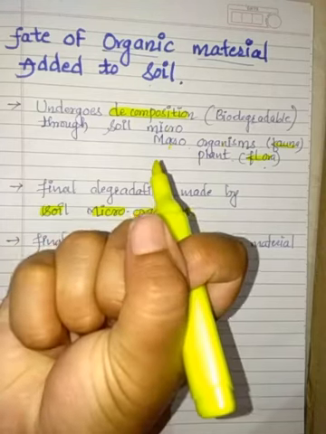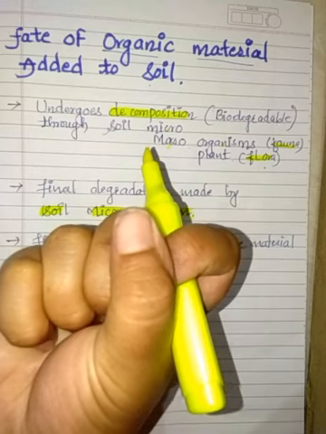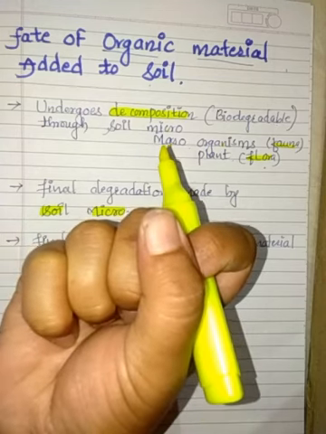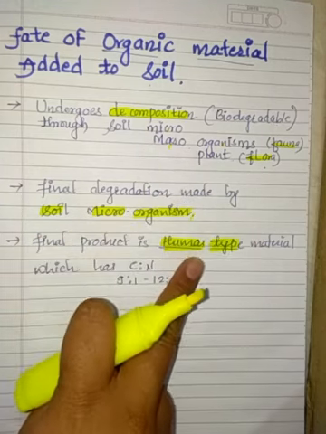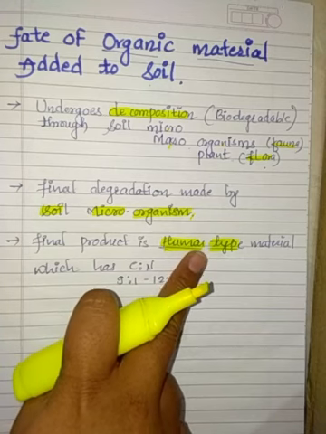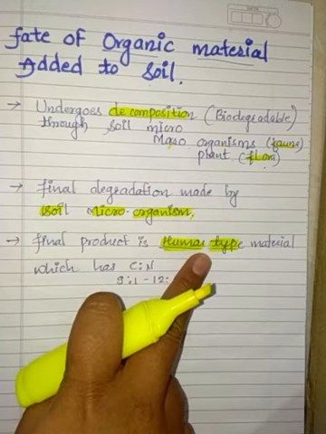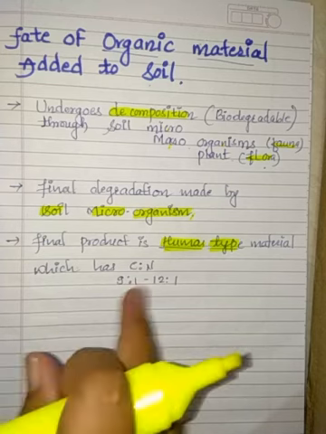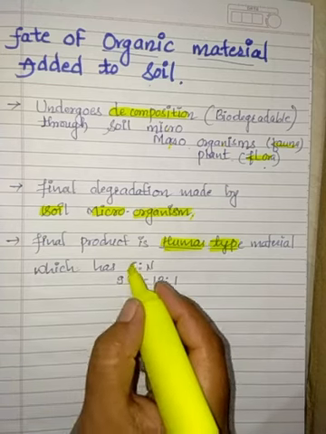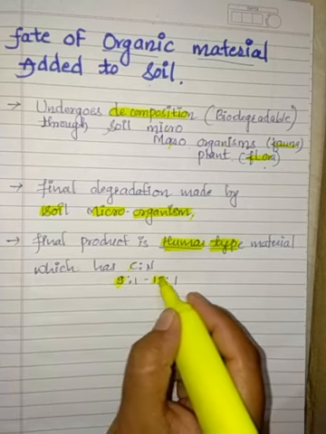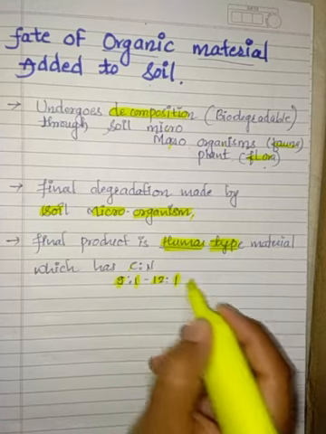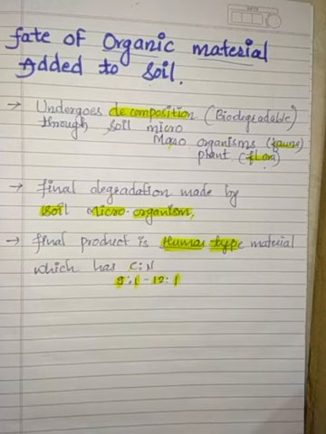If you hold it in your hand, it captures the mold of your hand. If such soil is available, then humus is more in it. The carbon to nitrogen ratio is 9 to 12 carbon and 1 nitrogen. If this ratio is present, it is more humus type.